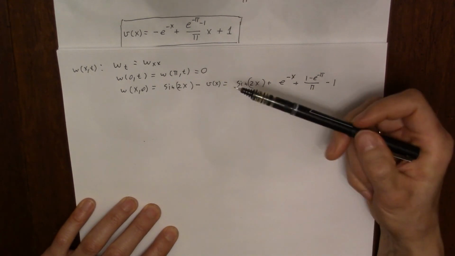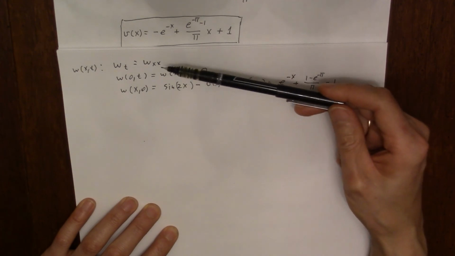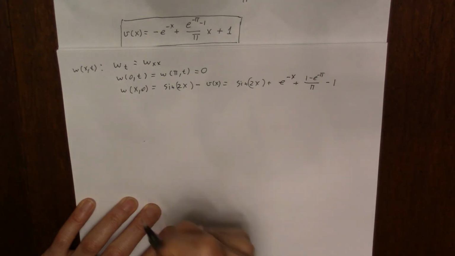And that is a homogeneous regular heat equation. We know how the solution is going to look.